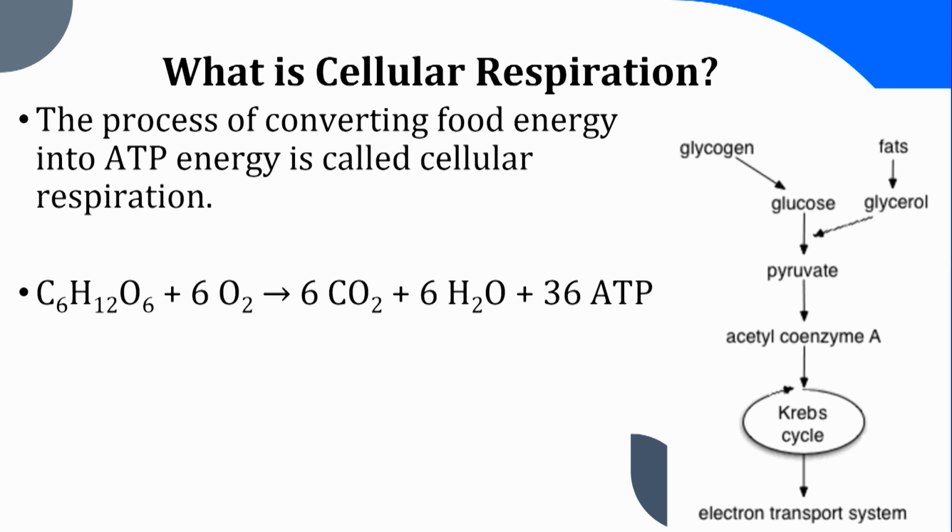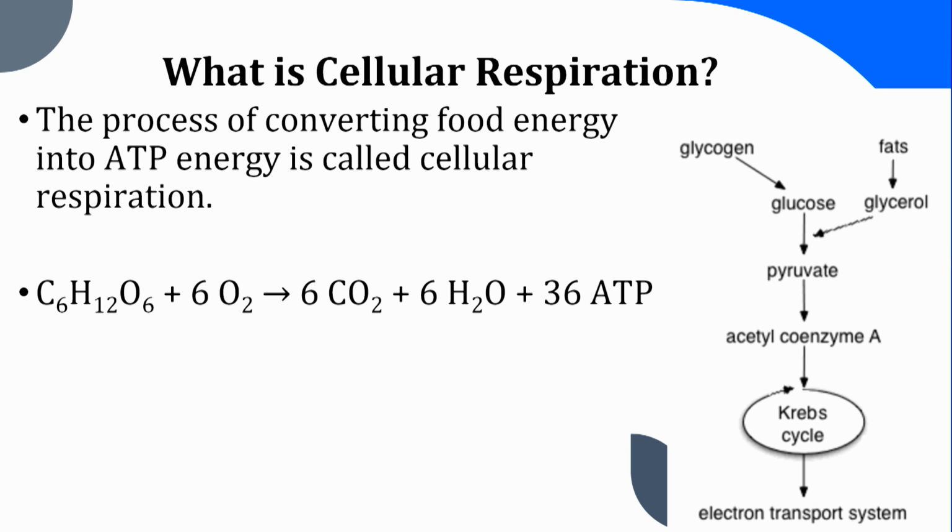Okay, and then that arrow, when it's pointing to the right, means yields. So if we get glucose and oxygen together, we're going to do cellular respiration, and that's going to yield CO2. What is CO2? You know the name of this gas. That's carbon dioxide, right? That's the gas that you're breathing out, okay?